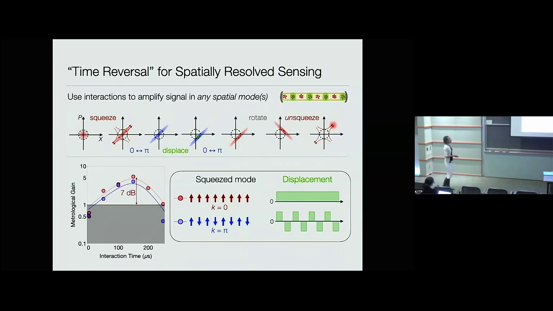And by virtue of that fancier sequence, we can then also get this interaction-based readout to work for, in this case, this k equals pi mode, or in principle, this could be generalized to any spatial mode.